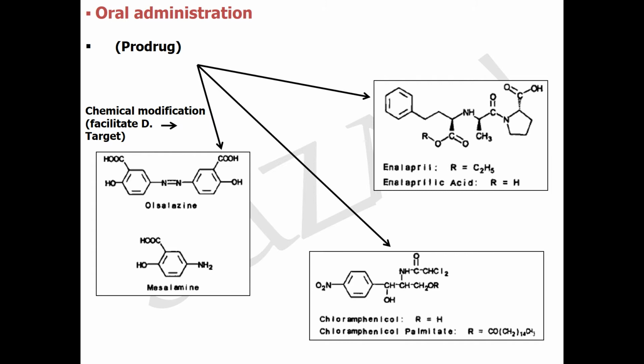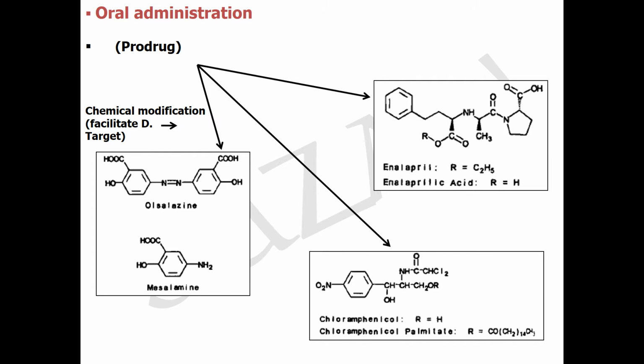The first one is olsalazine. Olsalazine is used for treatment of ulcerative colitis. This is a prodrug of the pharmacologically active drug mesalamine. Mesalamine, if you look at the structure, is 5-amino salicylic acid. Mesalamine, which is the pharmacologically active compound, is not effective orally because it is metabolized to inactive form before reaching the colon.